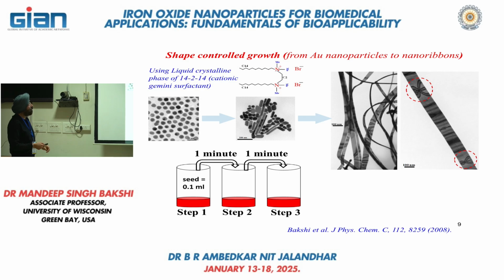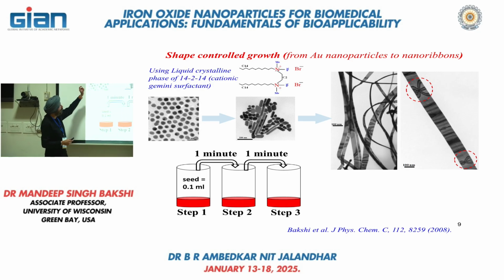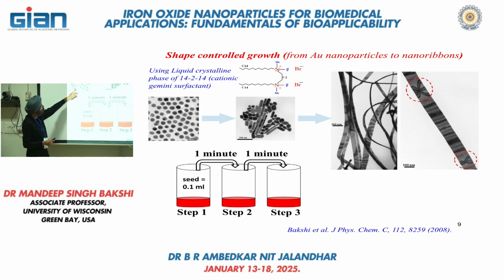You see, these are transmission electron microscope images where we use the same kind of methodology. It's a seed growth method. Initially we produce very tiny crystals of gold nanoparticles, all spherical shape.